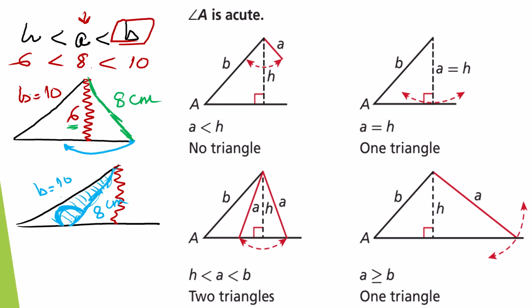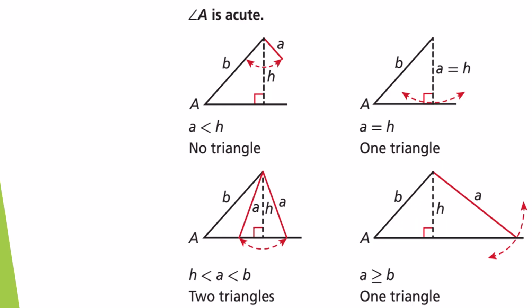I could have one triangle which is obtuse, and another triangle which is acute, but the biggest side is B. So in both cases, if the height is the smallest one and A comes in between the biggest side and the height, then you can make two triangles, and those triangles are possible only in that case.